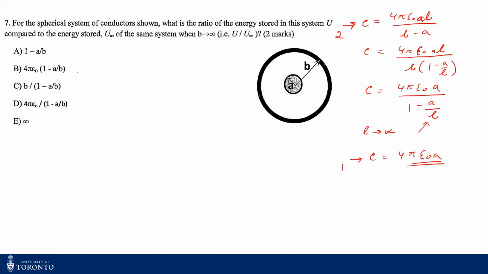Now if you just take the ratio of these two formulas, I take U infinity by U. That's just 4 pi epsilon naught a, and for the two conducting system, I'll use this one.